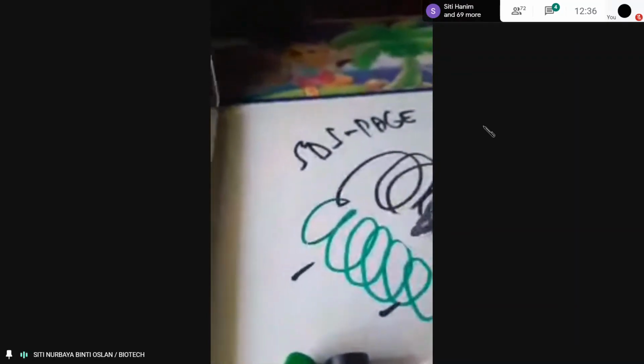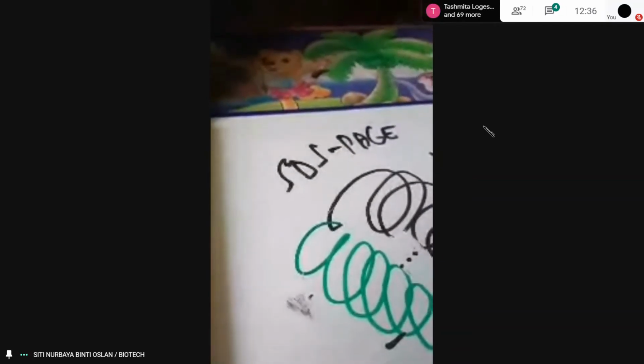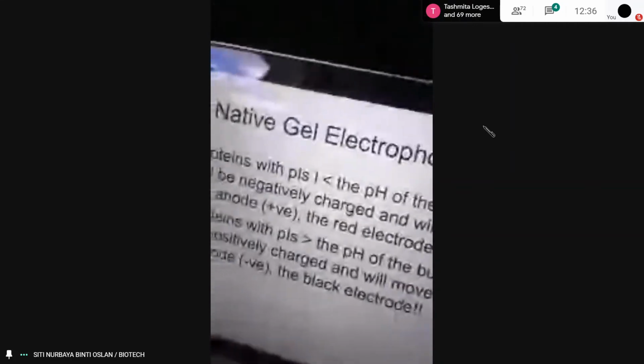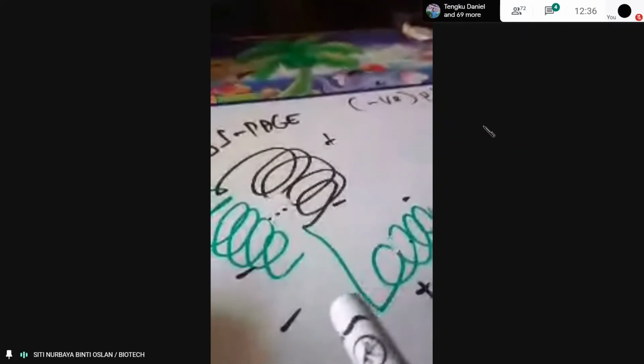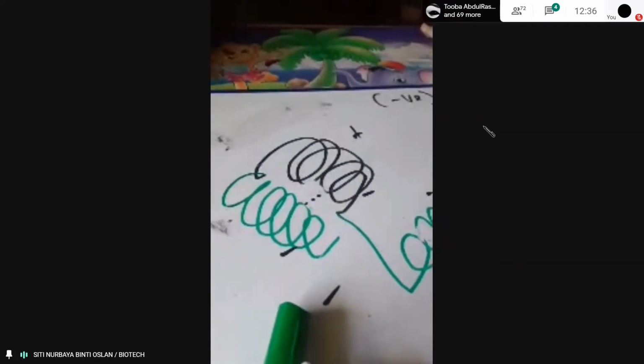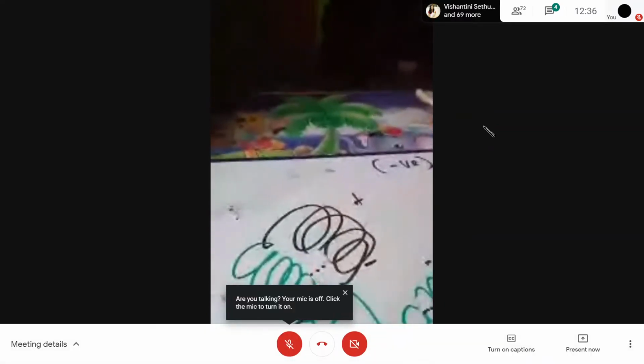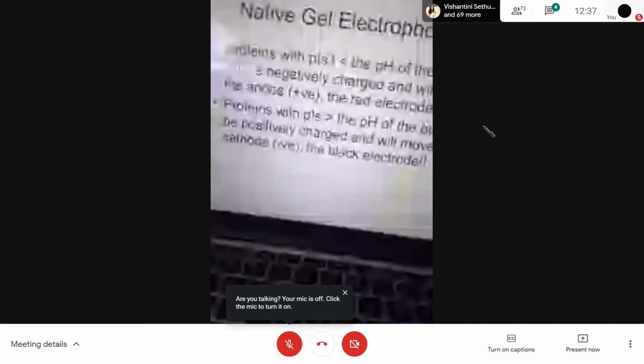If you have the native PAGE, they are all in the native state. They are not necessarily negative or positive. Some of the side chains may be positive, some negative. So when we have the native PAGE, if the T1 lipase still has the disulfide bridge and all the interactions, all the conformation, it will be in its native form.